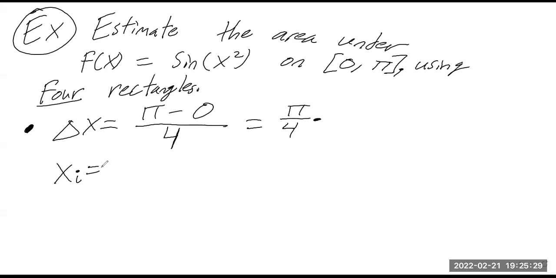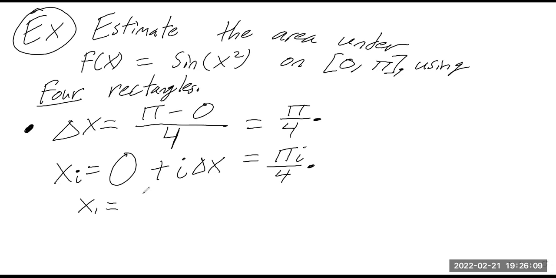Now we're only going to have 4 endpoints, right? So really, instead of generalizing for xi, we could just find x1, x2, x3, and x4. Of course, x4 is just pi, but we could find x1, 2, and 3. But just for those who are maybe a little bit interested, we know that the general formula for xi is that we start at the left endpoint of the entire interval, and I add i times the width. So this will be like pi i over 4.